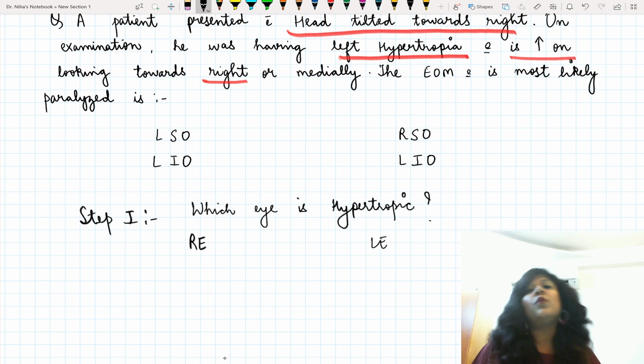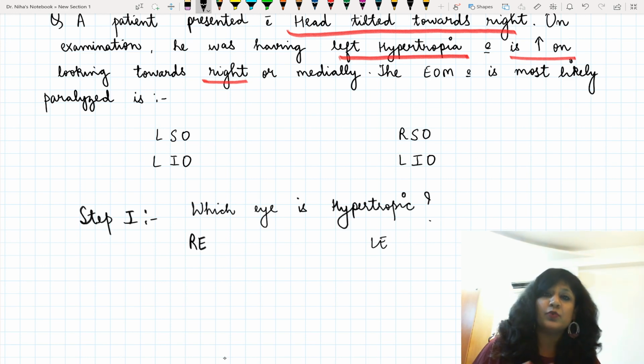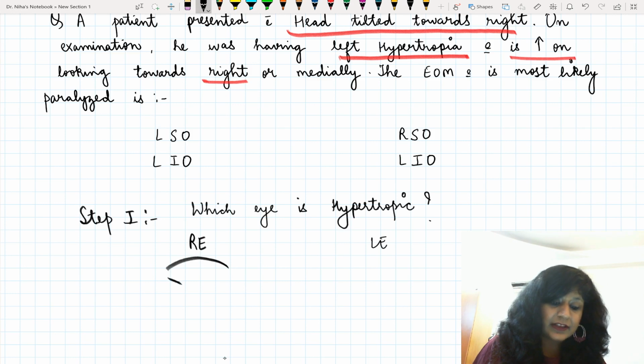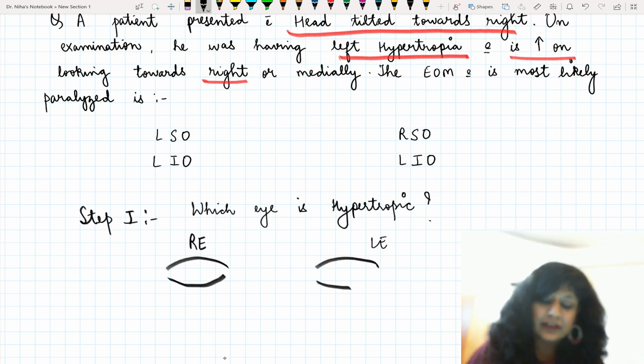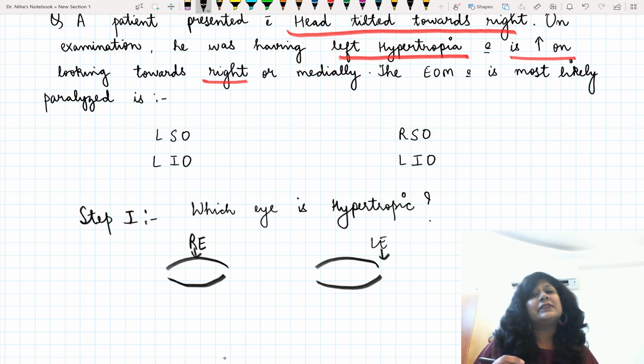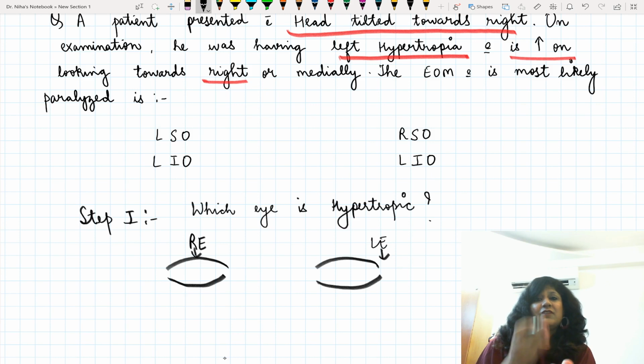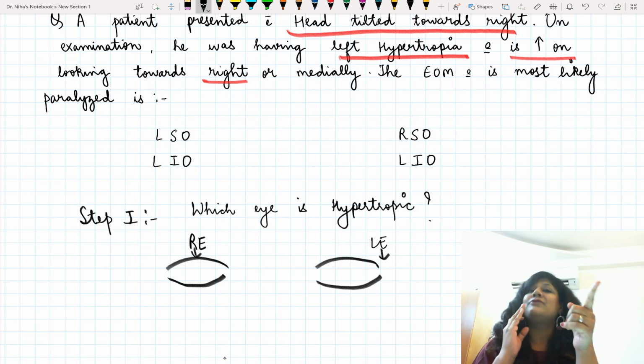Now one thing I also want to make clear, because some of the faculties may be using the other way around, as per one's own convenience, but I will tell you why I am doing this. I always take this as the right eye and this is the left eye. While some people say that my right eye will go with this right eye, and this will go with the left eye. No, because when I am seeing a patient, he will be facing me, so my right will be his left and his left will be my right.